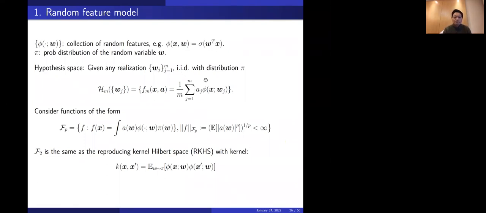For this random feature model, let's define a particular set of functions. Consider functions f that can be expressed in an integral form like this: there exists a function a such that f is given by this integration. Let's define an F_p norm to be the p-th moment of the coefficient a.